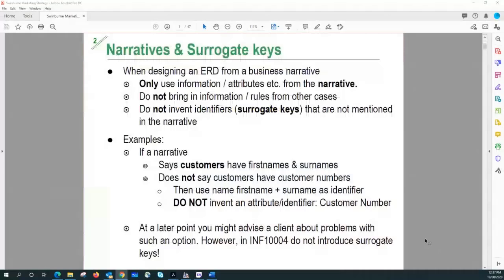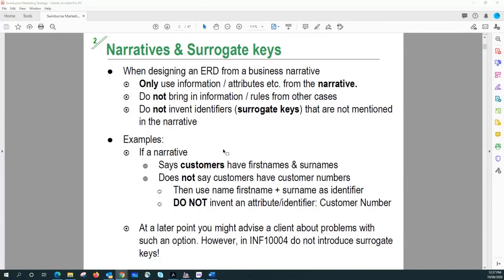Before I move into anything else, I want to remind you of one important thing. In this unit, we are providing you a narrative, right? We'll give you a business narrative, and then we need to design ERDs based on the narrative given.